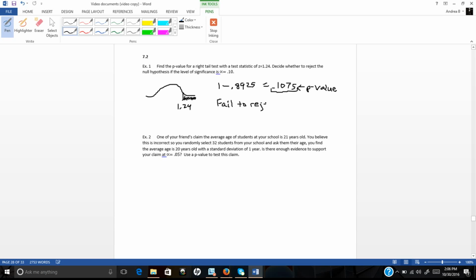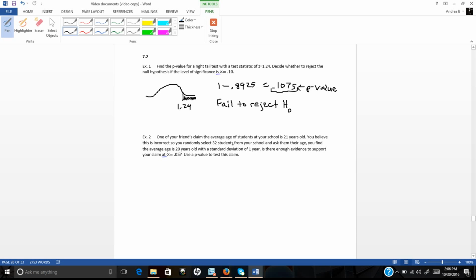So here we fail to reject, and then remember to abbreviate the null hypothesis, we can write that as H sub 0. Remember that is the null hypothesis. Null means 0 for that subscript. So that would be just the basics there in terms of deciding whether to reject it or not using the p-value.